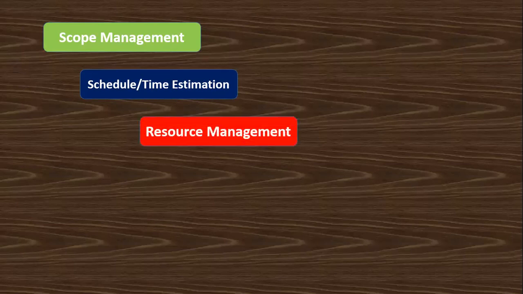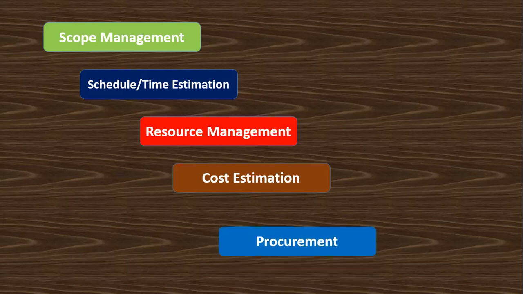Then you have resource management. What resources do you need to complete that project? How many resources do you need? This comes under the tag of resource management. And in the planning phase, you are also going to conduct cost estimation so that you have an idea of how much cost you are going to spend on this project.